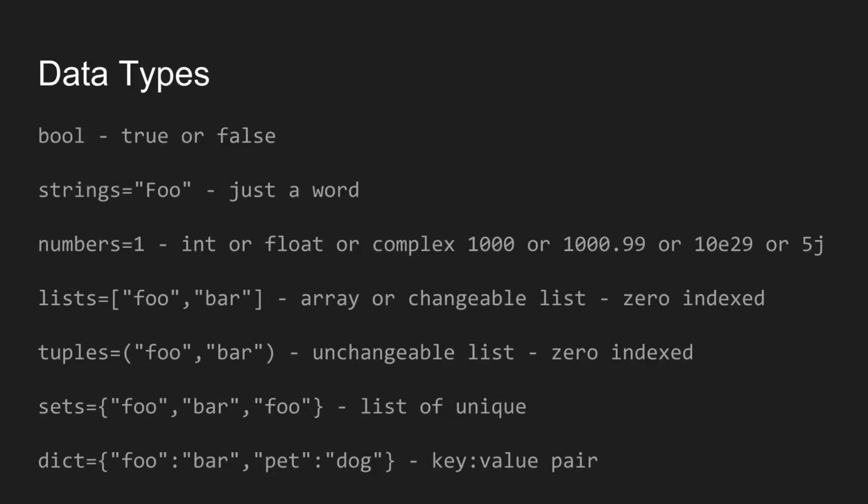Numbers are basically assigned a particular data type, a float, int or complex. You don't have to cast it as an int, float or complex. It's automatic. Python would say, this looks like an integer because it doesn't have a dot.